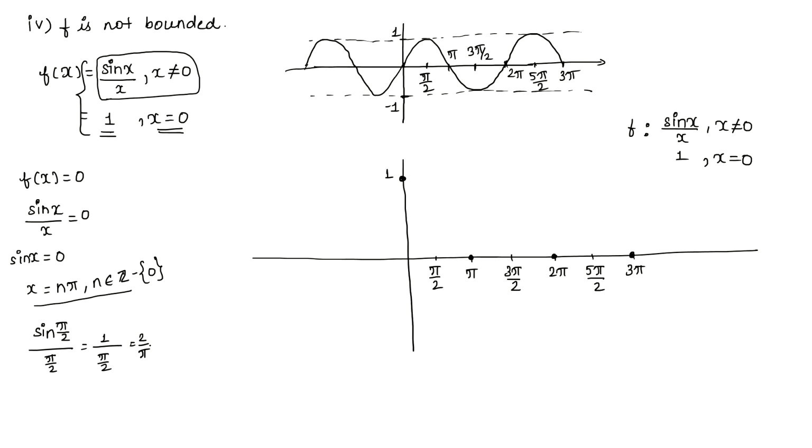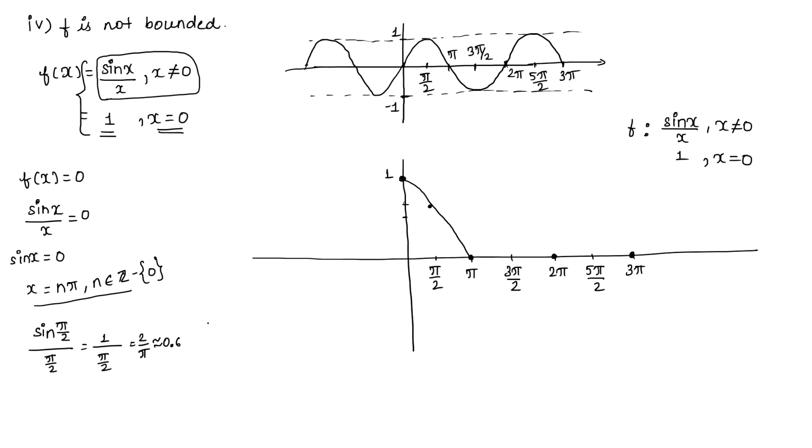And the value of 2 by pi is approximately equal to 0.6. So if this is 0.5, this is where approximately 2 by pi will lie, and this is the value sin x by x will be taking when x is equal to pi by 2. So the graph is moving like this.